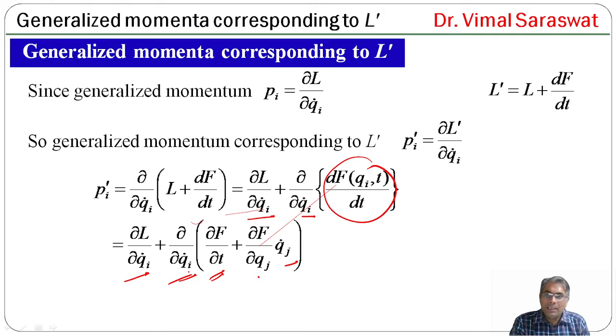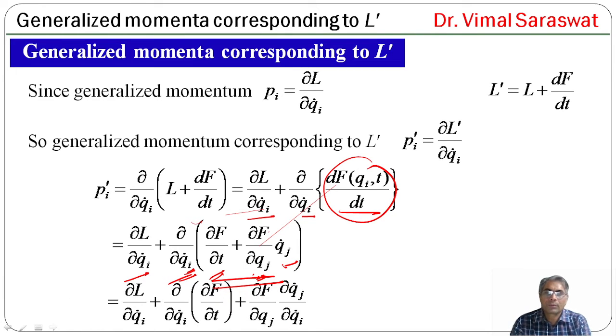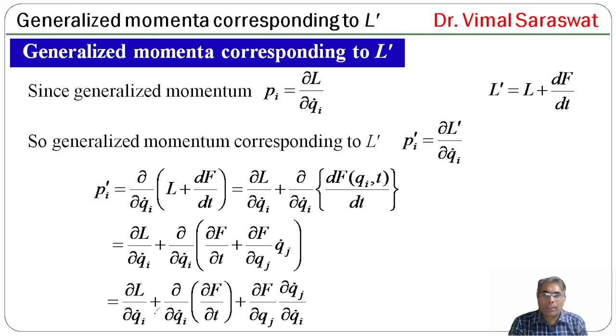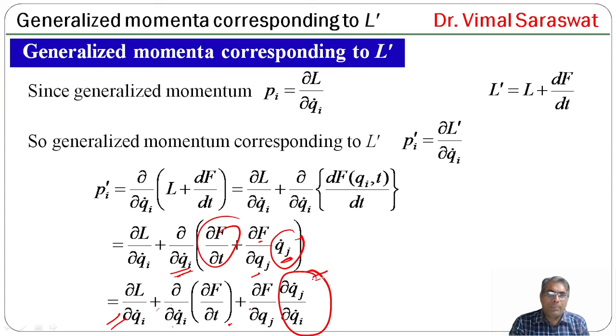Because we have already used the subscript i here, we use another subscript, that is j. Now this will be equal to ∂L/∂Qi dot plus ∂/∂Qi dot of ∂f/∂t plus ∂f/∂Qj into ∂Qj dot/∂Qi dot. So ∂Qj dot/∂Qi dot will be 1.